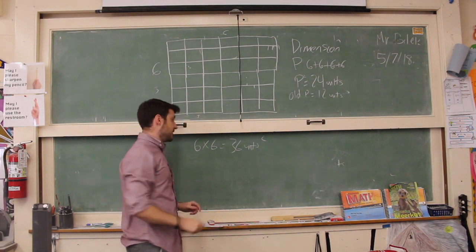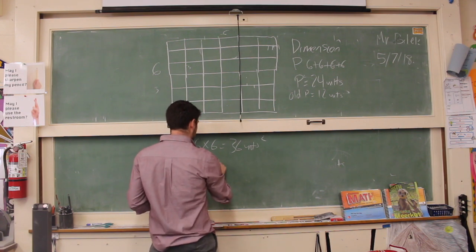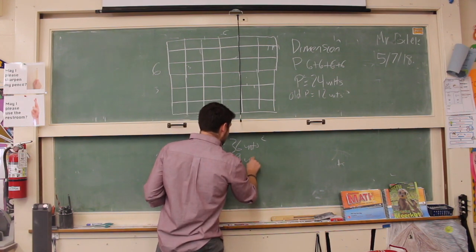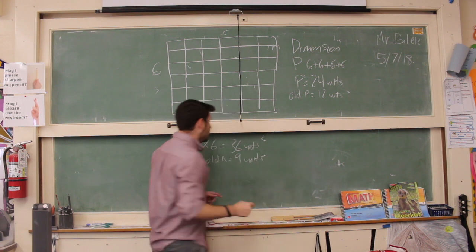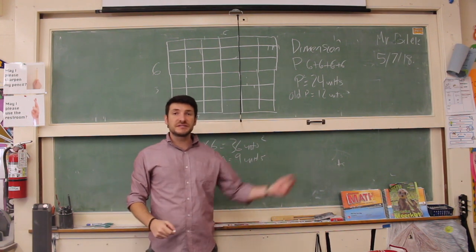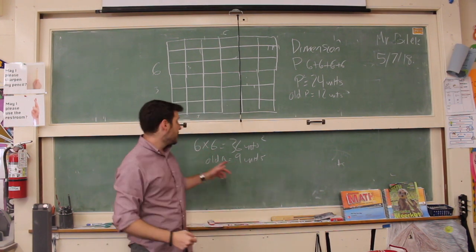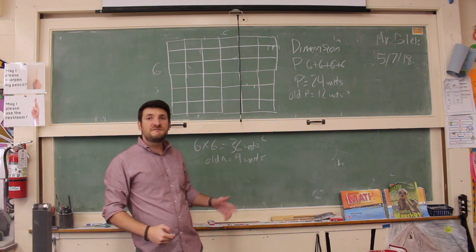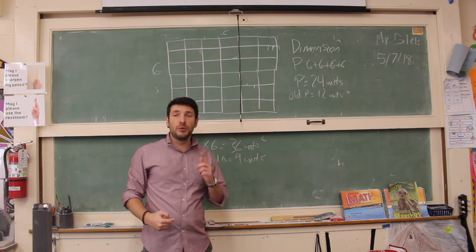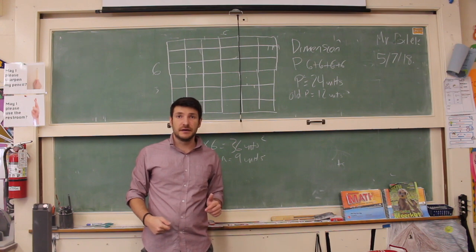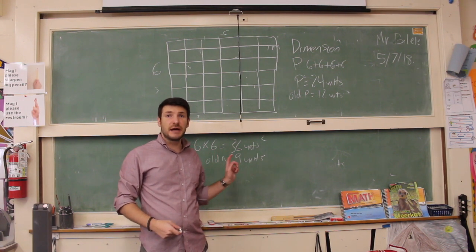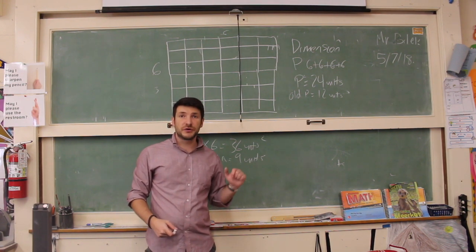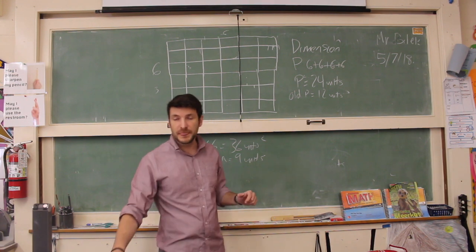Our old area was 9 units squared. I doubled the size of my shape, and our area is now 4 times bigger. We'll get to why that is in a second. But first, let's look at another example and write down some rules for increasing perimeter and area.